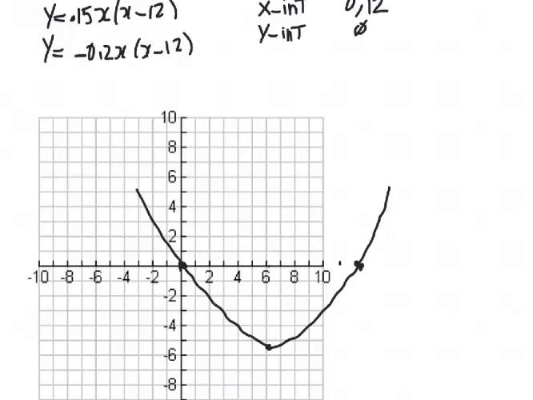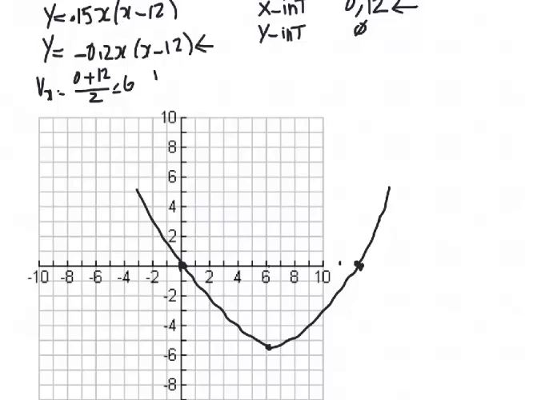Now to find the coordinate of the vertex, as we did before, we are going to find the average of the two x-intercepts. So v sub x is going to be again 0 plus 12 divided by 2, which is going to be 6, which is the same x coordinate for the vertex previously, and the y coordinate of the vertex, we just sub it back in this equation.